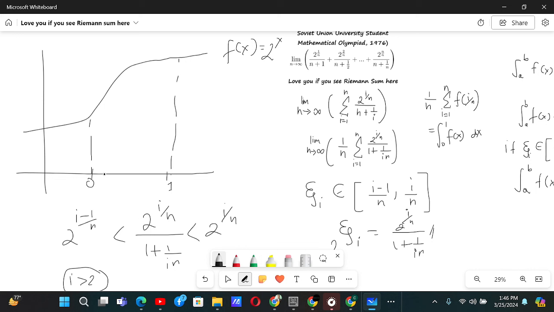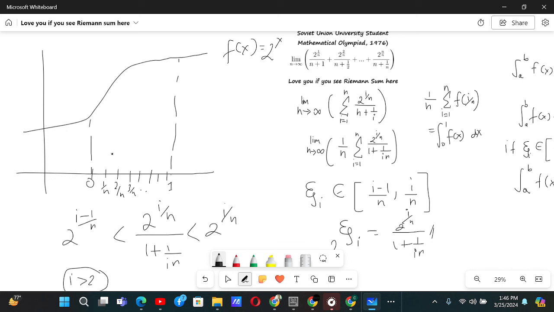and there are subdivisions being made, and let's say this is just 1 by n, 2 by n, 3 by n, and there are such things. Now if I prove that this value actually lies in between 2 to the power I minus 1 by n and 2 to the power I by n.